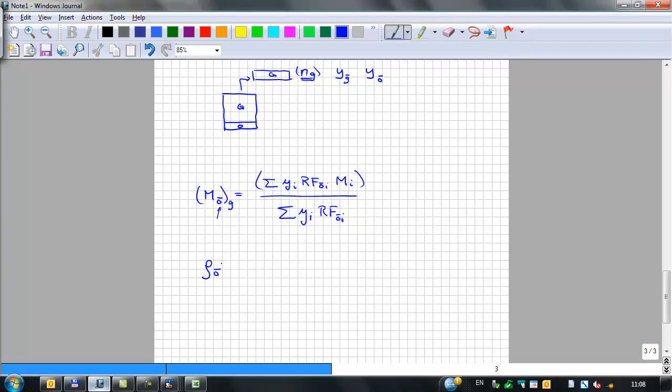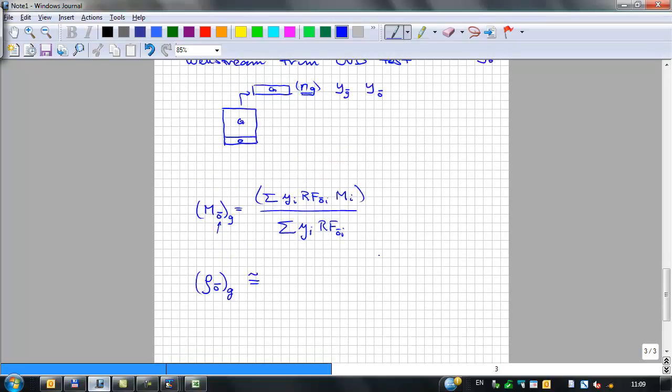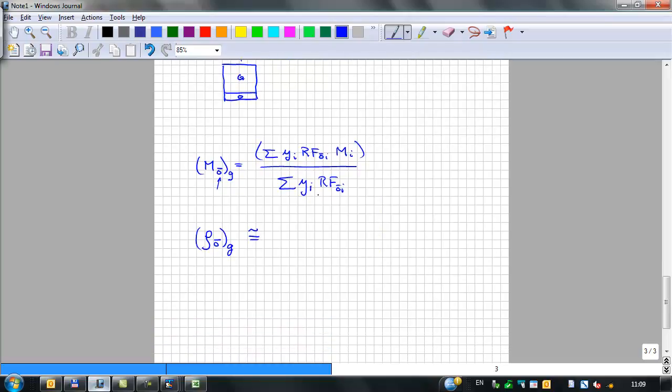The density of that surface oil that evolves from the removed gas is approximately, if you use ideal volume mixing, then we could use the specific gravities of each of these components. That would be the same as this here.